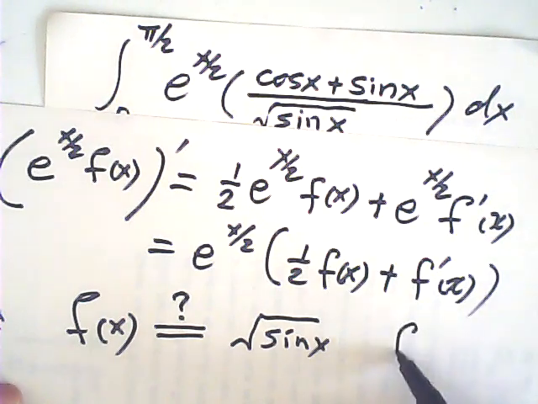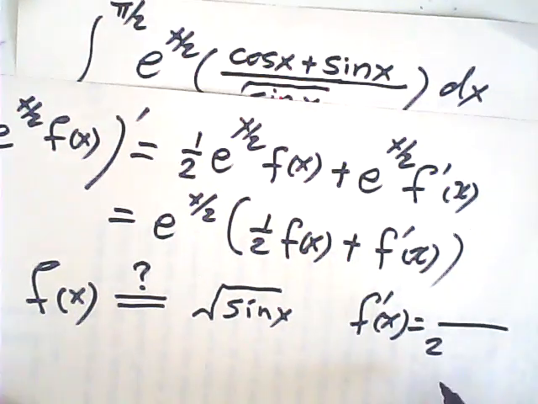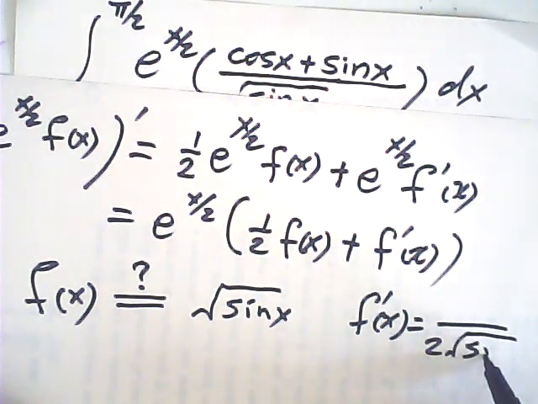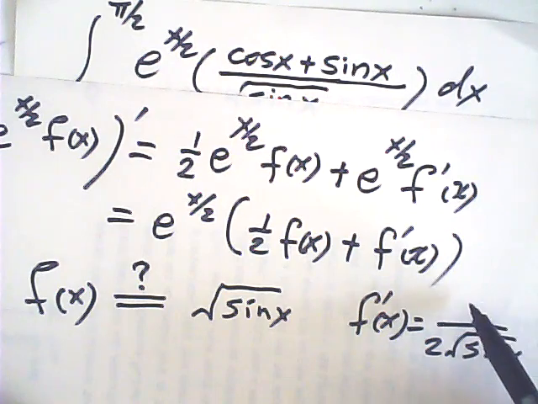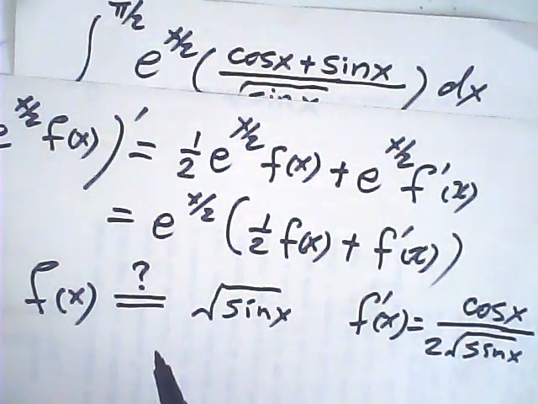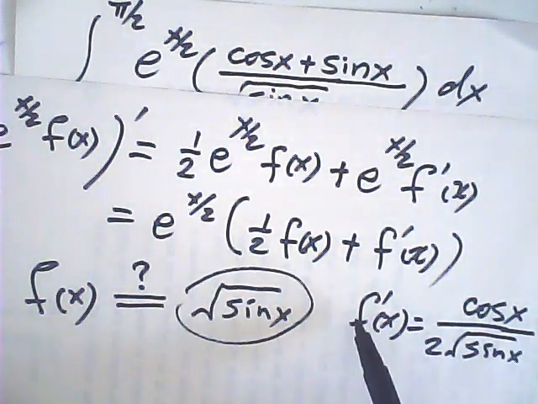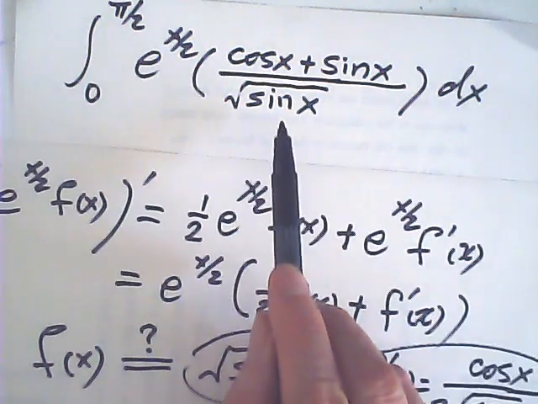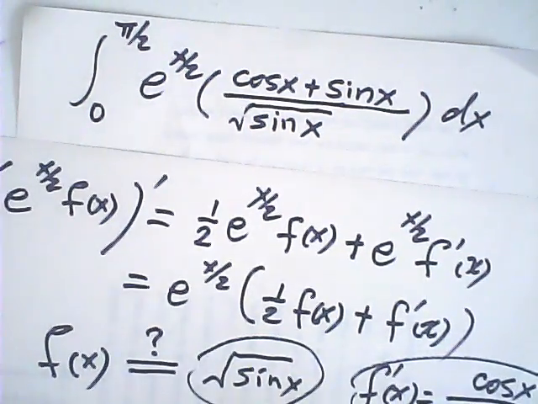Okay, then f prime will be 2 sine x, right? And cosine x. Yeah. So is this plus this equal to that? Well, almost. Almost, right?